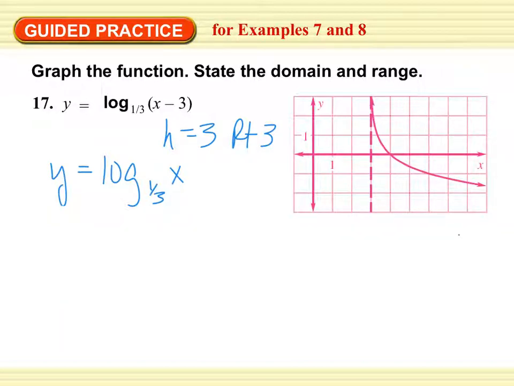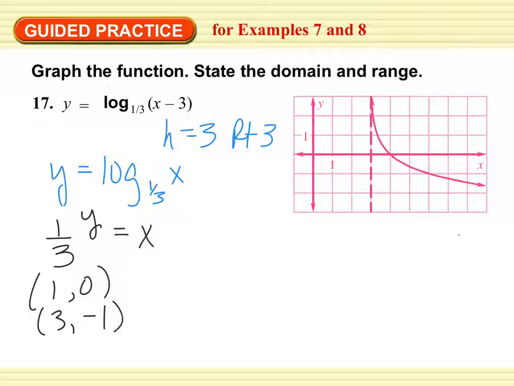Sorry about that. Base b, so it's 1/3 raised to the y equals x. So when y is 0, x is 1. When y is -1, x is 3. That's pretty easy. And then when y is -2, it's going to flip that to the numerator and square it. 9. And then we want to move it right 3.